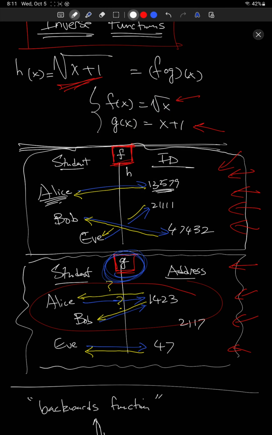Let me do an arrow this way to indicate f is the function that goes from students to IDs, and h is the function that goes from IDs to students. All right, so h is the backwards function. Okay, so with this setup, f is the original function, h is the backwards function.